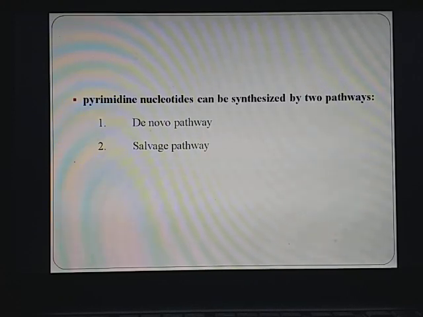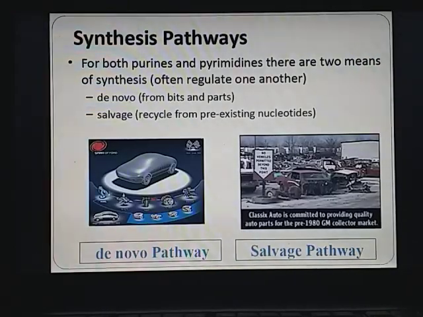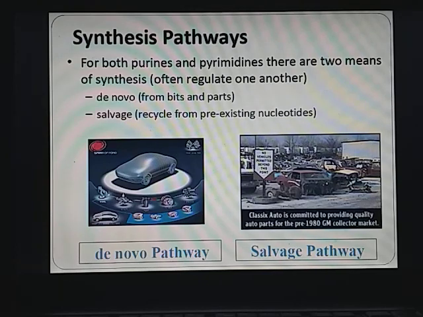What is the difference between them? The de novo pathway is the pathway where pyrimidine nucleotide synthesis starts from basic substances like carbon dioxide, glutamine, aspartic acid, and energy. It starts bit by bit, and a complete new nucleotide is synthesized.